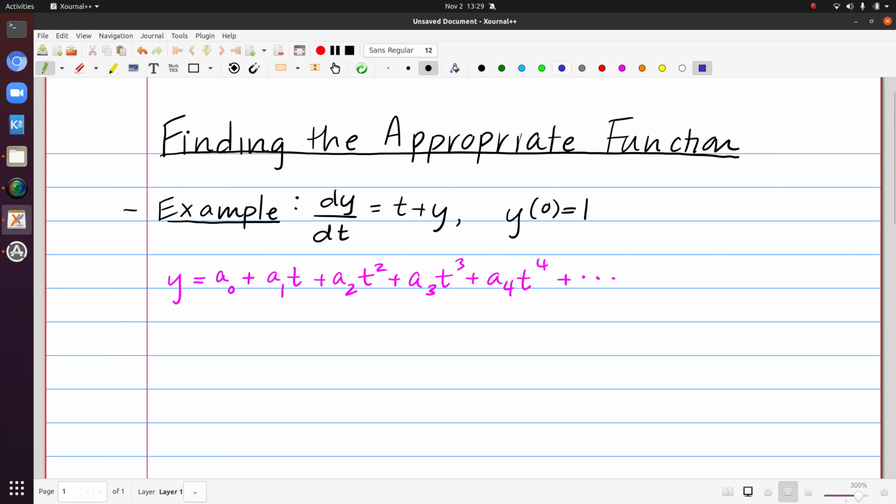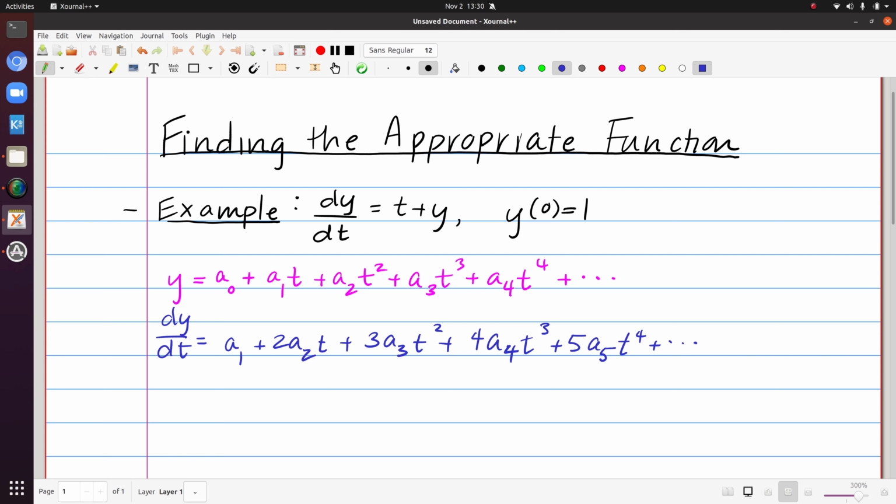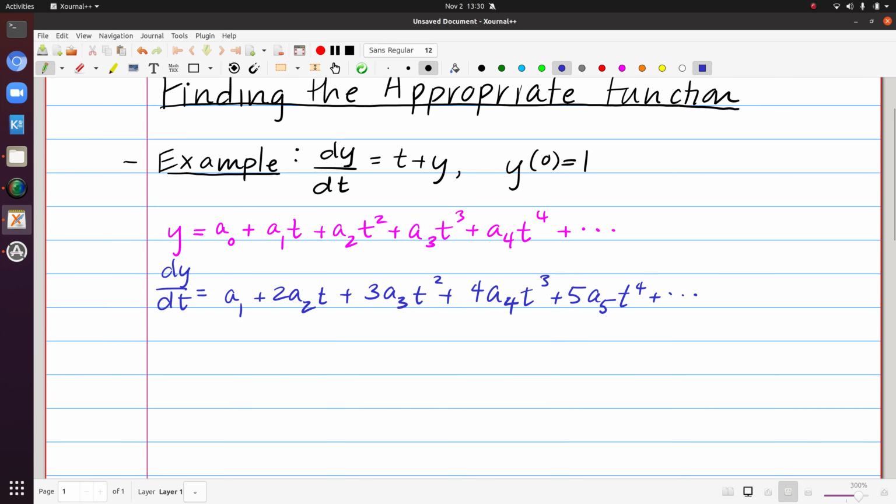And also, like before, that allows me to find dy dt, and I just take the derivative of what I have in pink. So that would yield a1 plus 2a2t plus 3a3 t squared plus 4a4t cubed plus 5a5t to the fourth, etc. So this, again, doesn't change in any way.